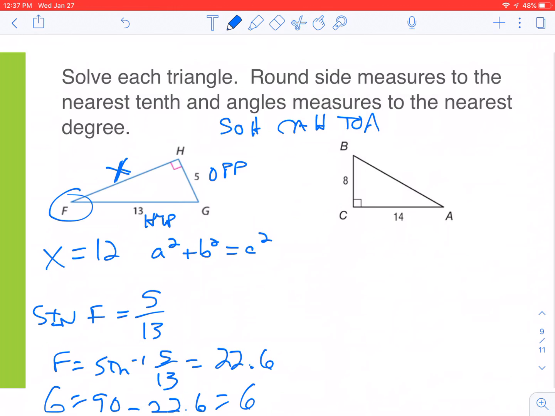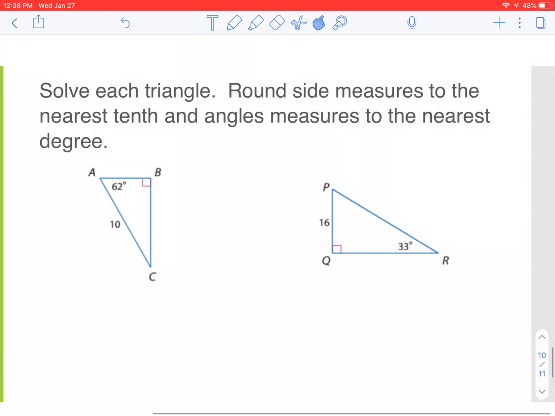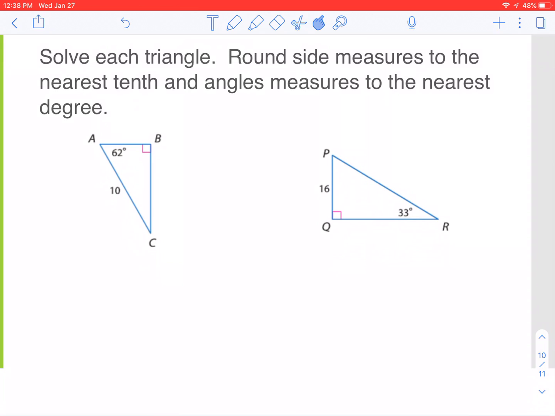And I get 67.4. So I found my two missing angles, and I found my missing side. You would do the same thing on all of these, okay? So we might practice these more in class together. But if you get an angle and a side, you can find all three sides.